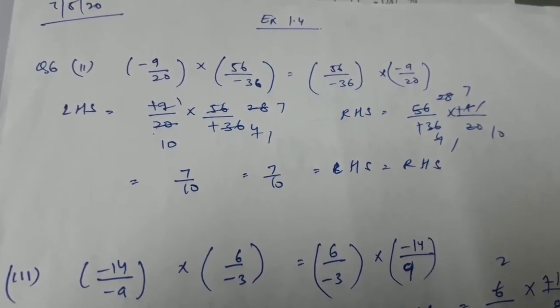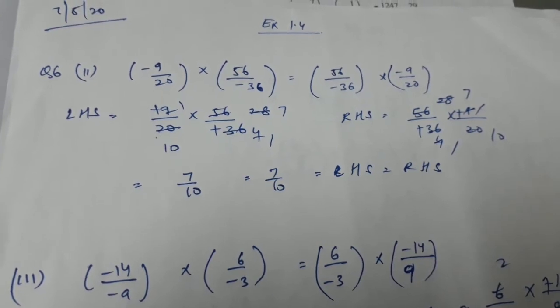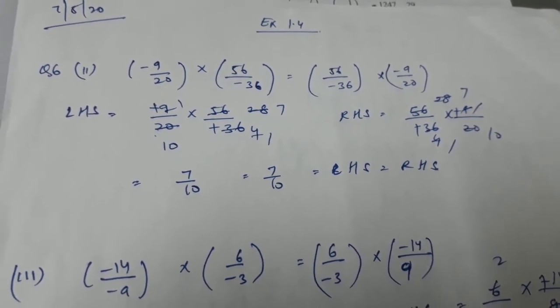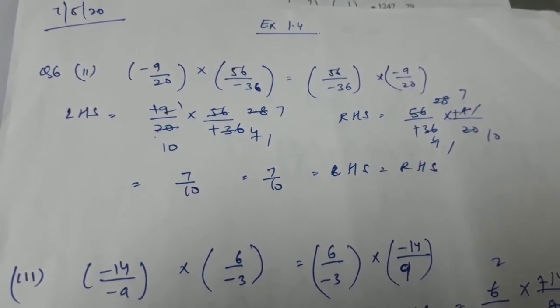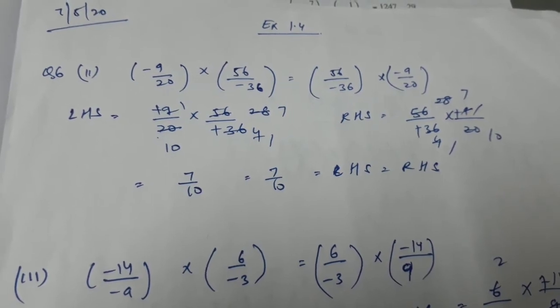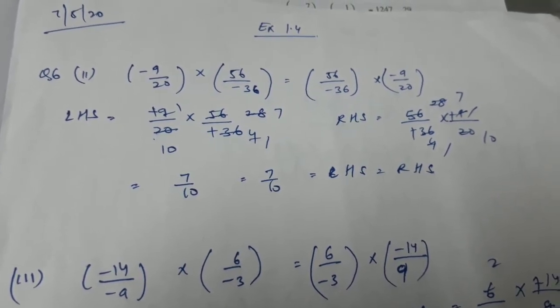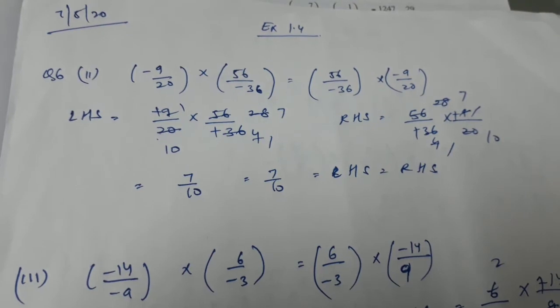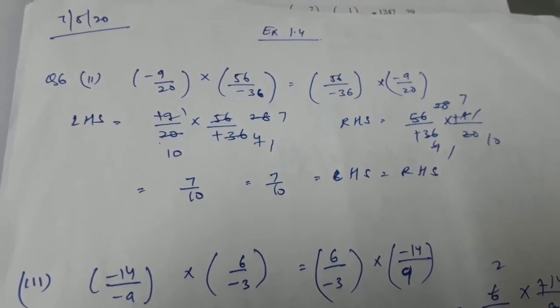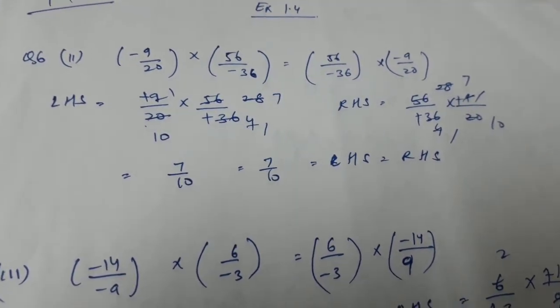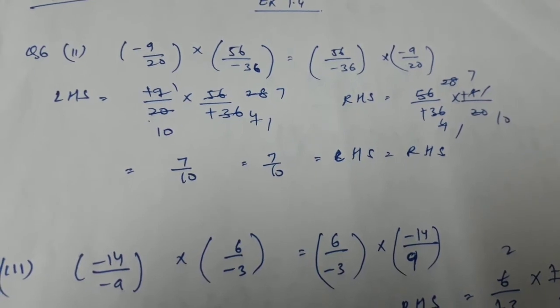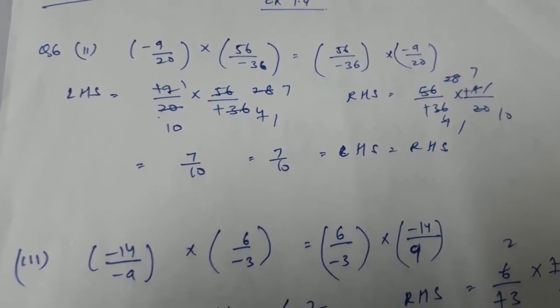After cancellations, the answer would be 7 by 10. On the other hand, right hand side, 56 by minus 36 into minus 9 by 20. After cancellations, the answer would be 7 by 10. So here in the second part also, the commutative property of multiplication is satisfied.